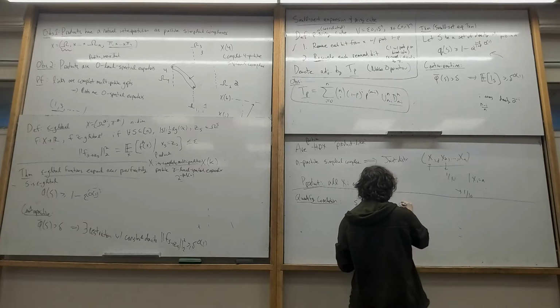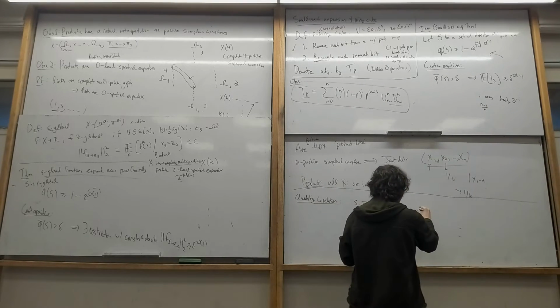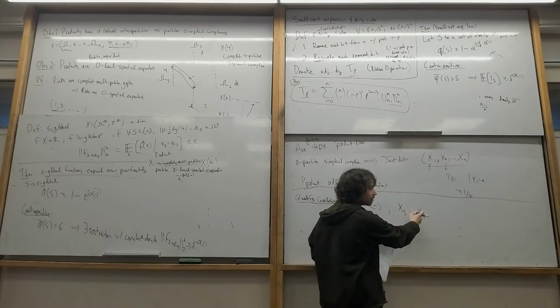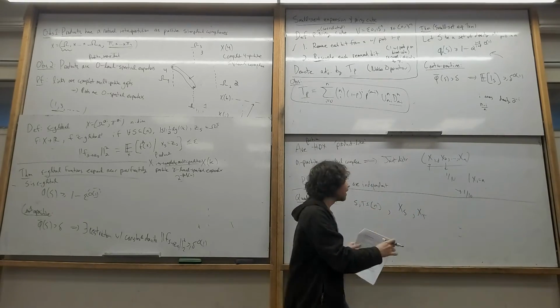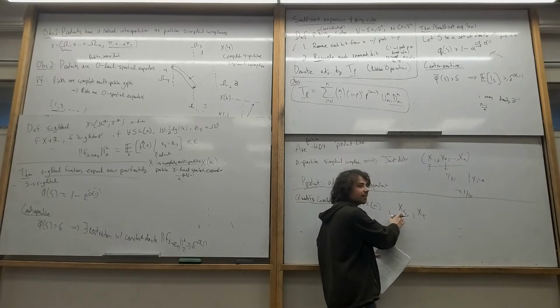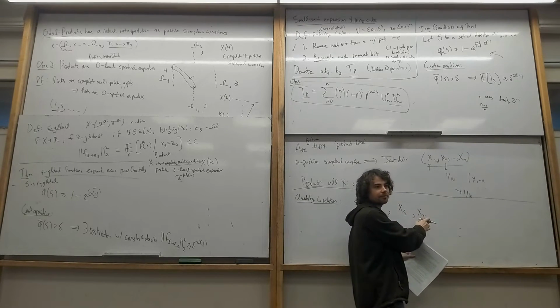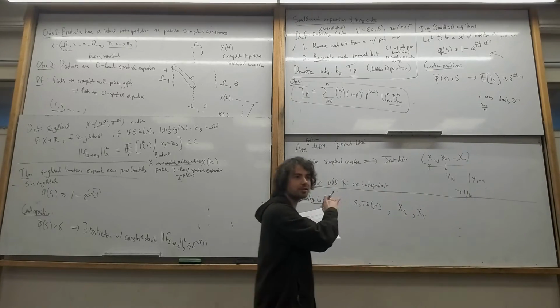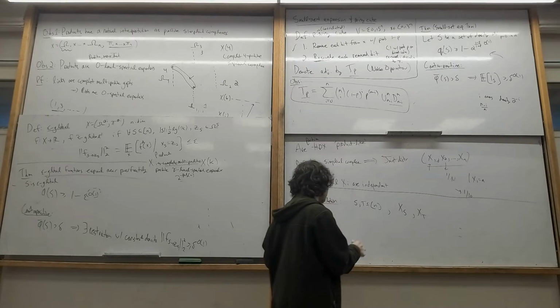And I'm going to look at the marginal distribution on S and the marginal distribution on T. And I want to talk about the correlation between these two sets of variables. If we're thinking about things in complex language, this is just like I restrict to looking at the things that are coming from color S, or I restrict to looking at the things that are coming from color T. You can always move between these two languages. I just find this one a little bit easier in this context.